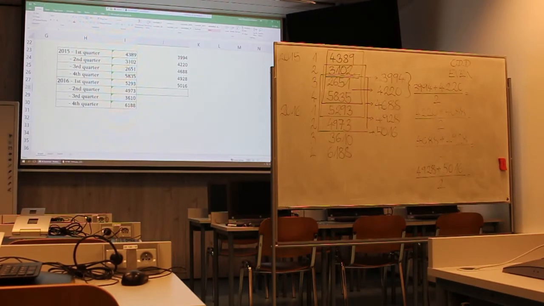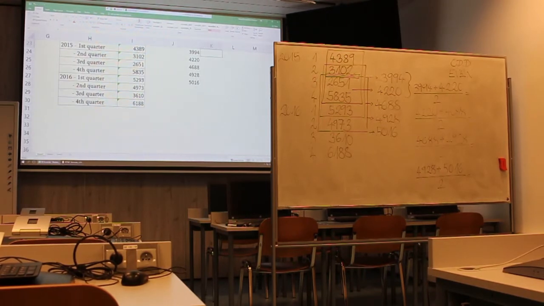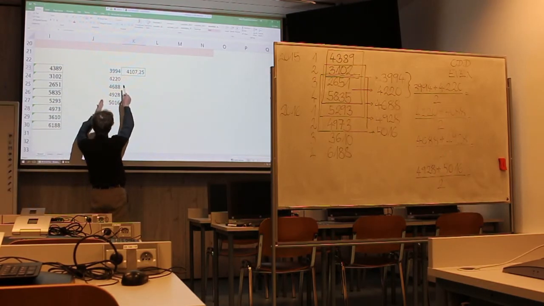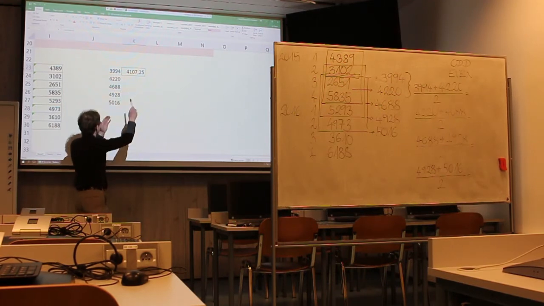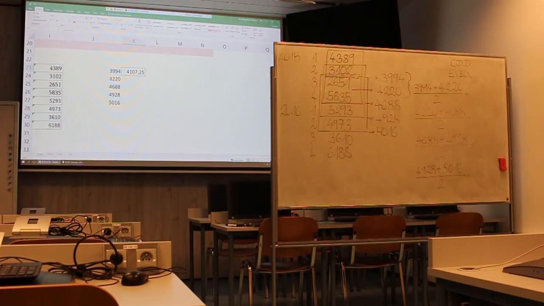So I will sit here and I will zoom this table. Okay, so there will be calculated this value plus this value divided by 2. And the result is 4107. It is in people, so I will not use decimals, because the result is a number of persons, number of inhabitants, so whole numbers.